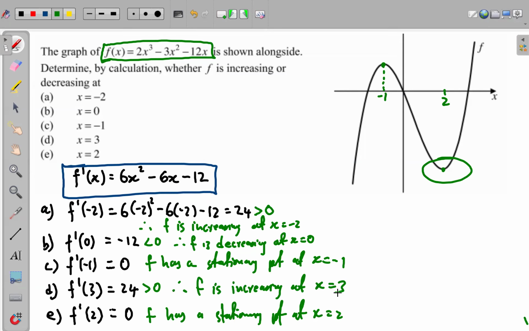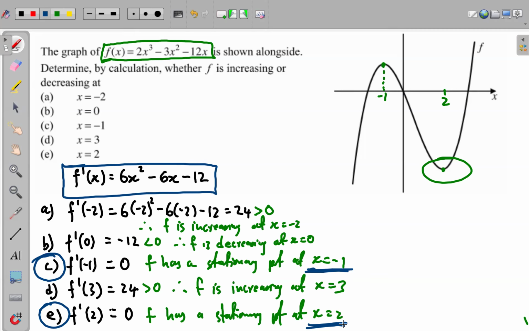Another little trick that I would like to advise, for example, let's say you did not have the sketch, but you got to know, and I just want to comment very briefly, but very important, on C and E here, on these two values. Okay, we have established that x equals -1 and x equals 2 are stationary points. Well, there is a stationary point there, a point at each of those.